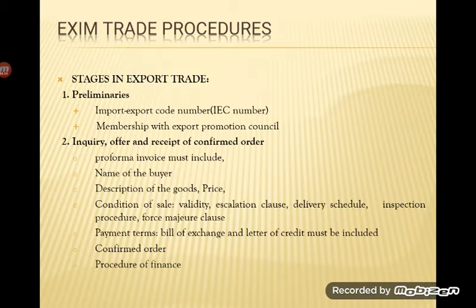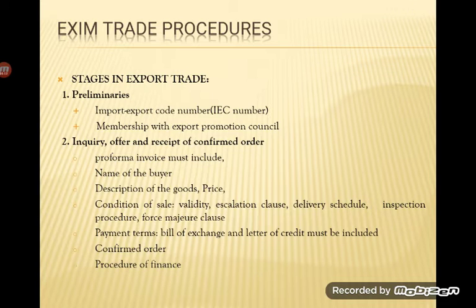Once the offer reaches the importer, the importer has to send a receipt of confirmed order. That confirmed order is nothing but a pro forma invoice. This invoice will contain various essential information, and that is where both exporter and importer will be bound under a particular agreement.